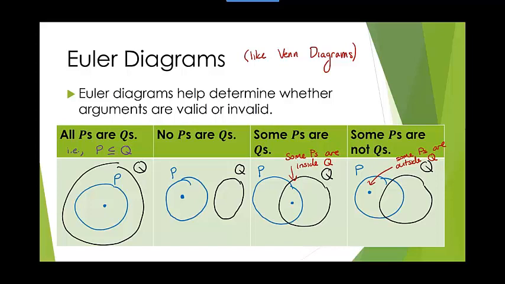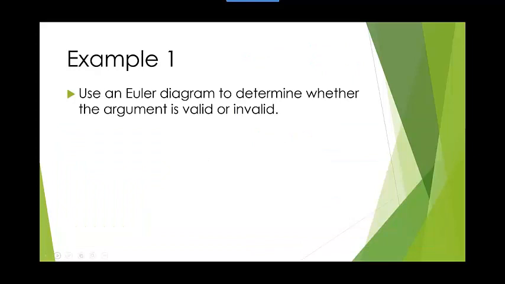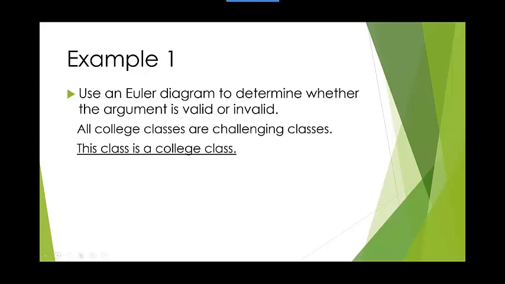Okay, so let me do some examples here. We're going to be asked, for most of these homework problems, to use an Euler diagram to determine whether the argument is valid or invalid. First, we're going to have what we'll call premises. So here are two premises, and for the purposes of these problems, we're going to assume that the premises are true.